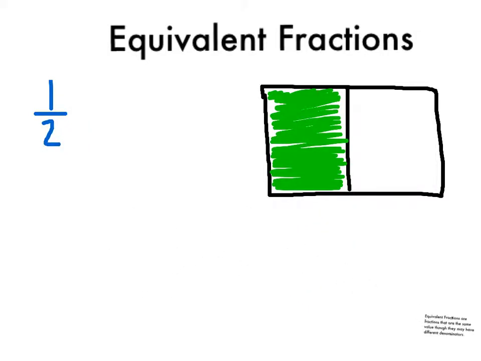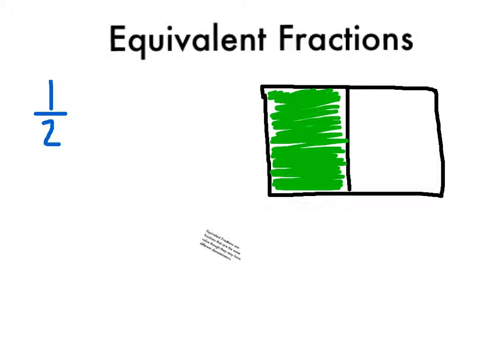And so we're going to start by looking at 1/2. I've got the fraction of 1/2 over here, and I've got the picture of 1/2 over here. Now, I know that it's 1/2. Why, Miss Mitchell? Because 1 out of 2 parts are shaded.